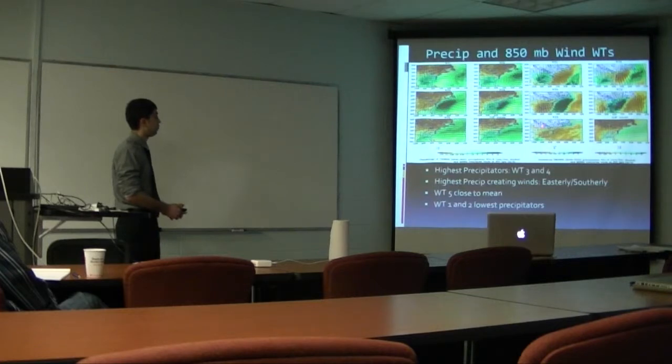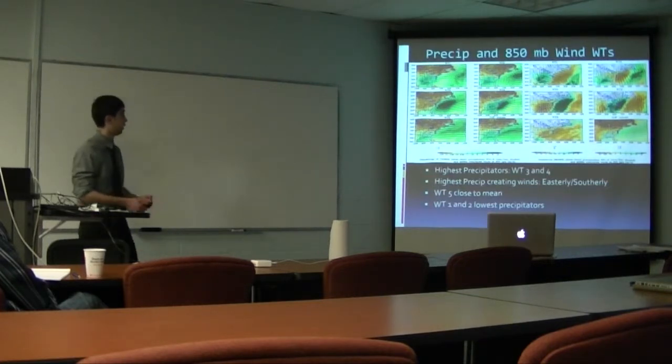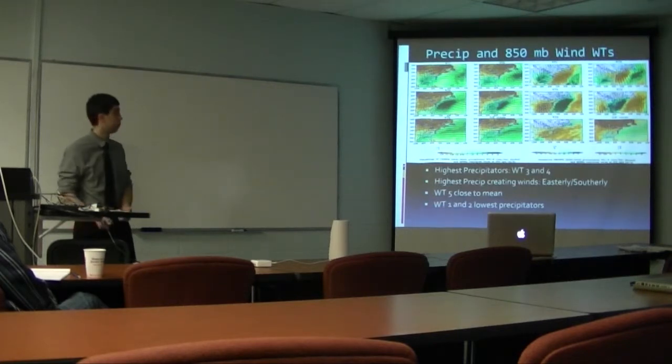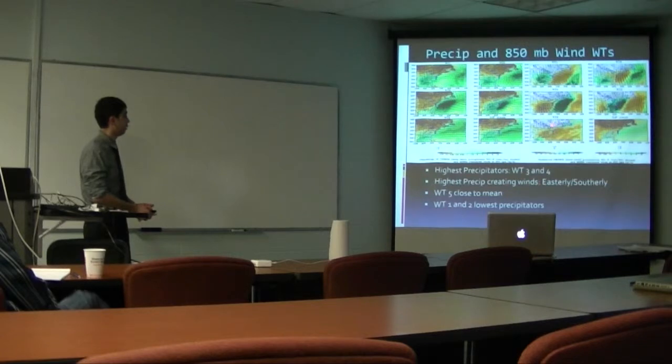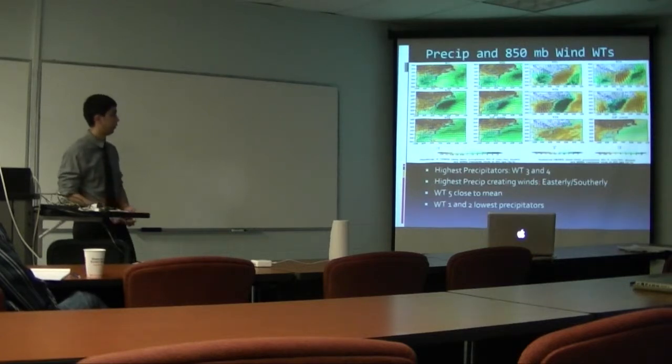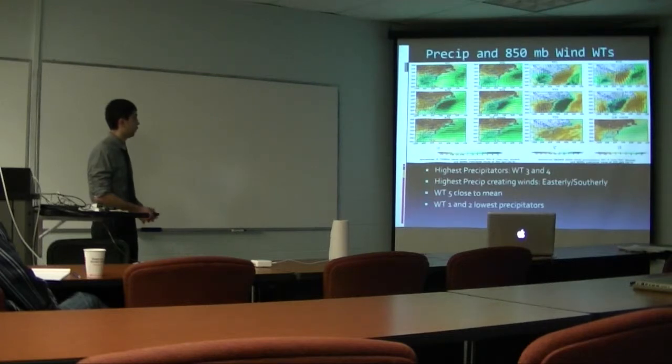In WT5, it is fairly similar to the old WT5 in that it has basically the same flow. And you still have your upper level low distinctly in southern Canada there. You'll also notice that we have low precipitation anomalies over the states and a lot of the ocean.